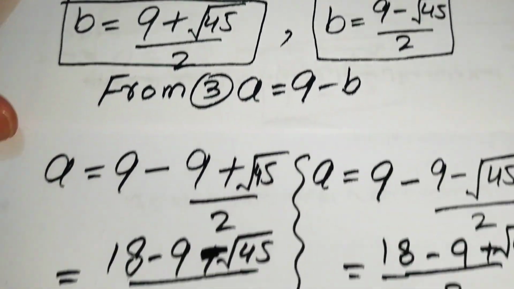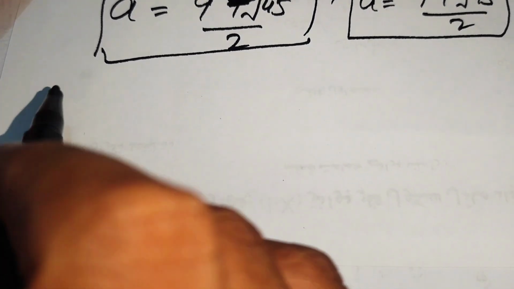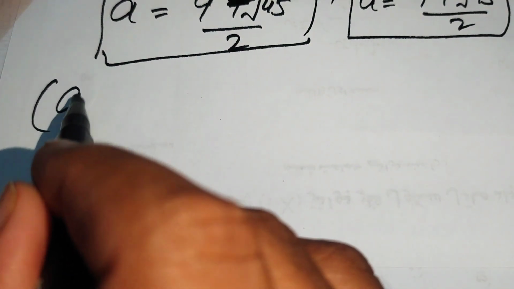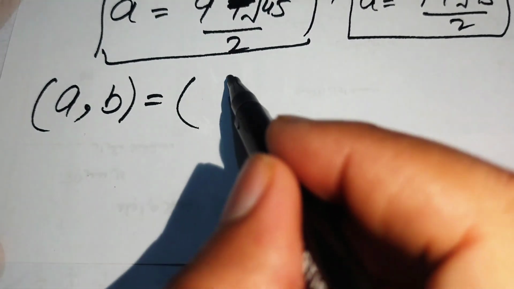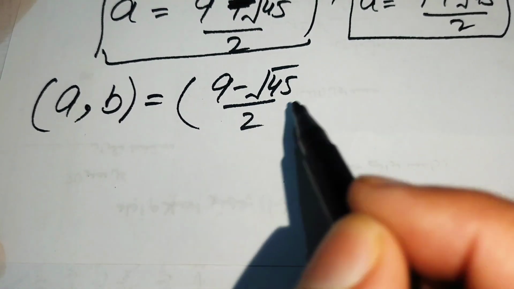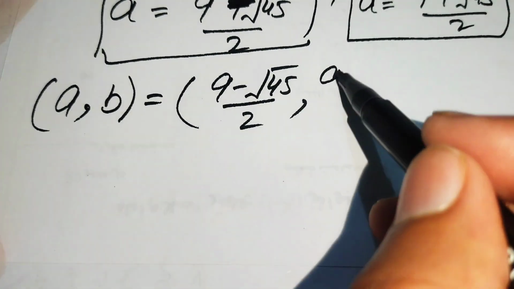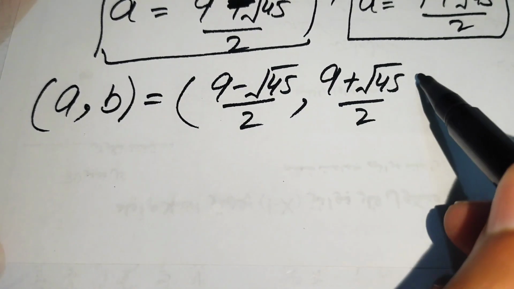Finally we have two solutions of this problem. The first solution is a equals 9 minus square root of 45 divided by 2, and b equals 9 plus square root of 45 divided by 2.